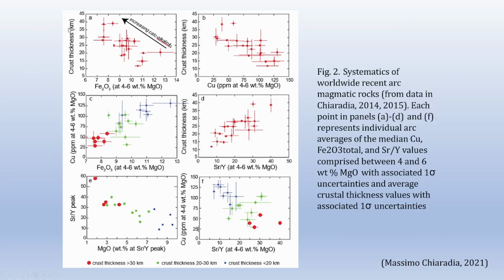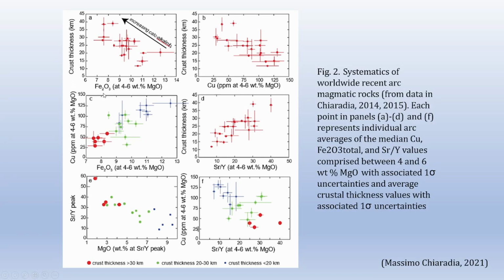In this panel, which is figure 2 of the article, we have a multi-panel plot, which is our geochemical roadmap to porphyry fertility. We have different diagrams for important elements: magnesium, iron, copper, and the ratio of strontium to yttrium, which is a very important ratio, and crust thickness.